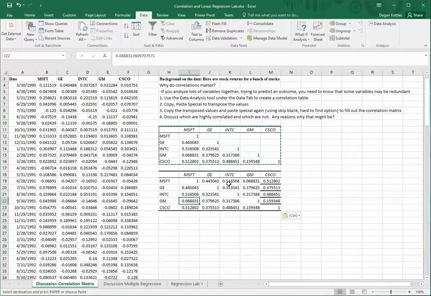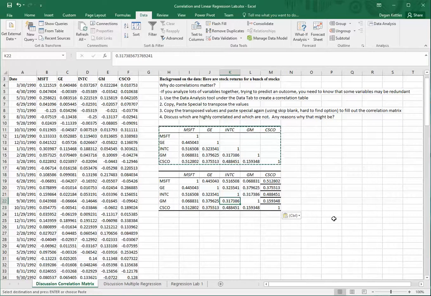Now GM stands for General Motors, so it kind of makes sense intuitively that as a car company increases its car sales, it really doesn't seem to have any relationship to what's happening in the IT industry or to an IT firm in particular like Microsoft. So as we go across here and we see GM and its relationship to Intel Corporation or Cisco, generally speaking, these IT companies are not highly related to movements in the stock returns for a car company.